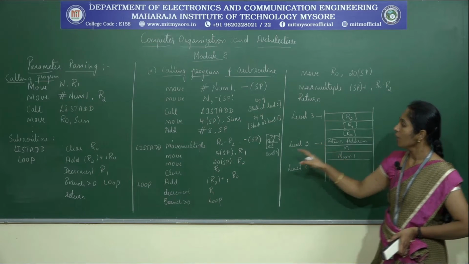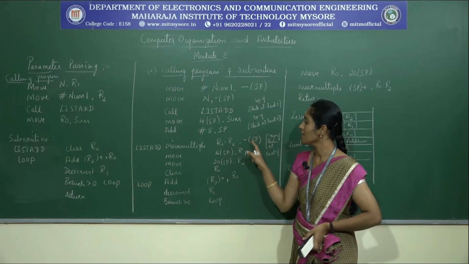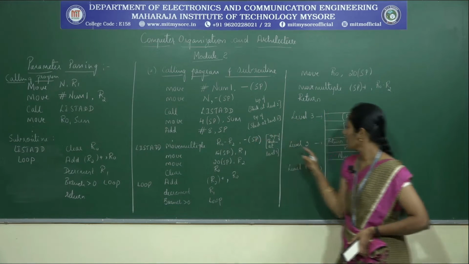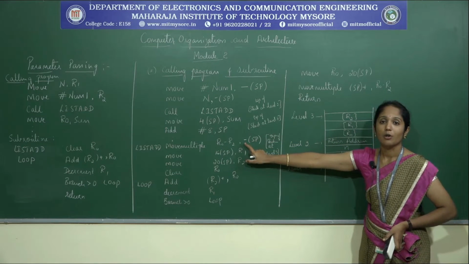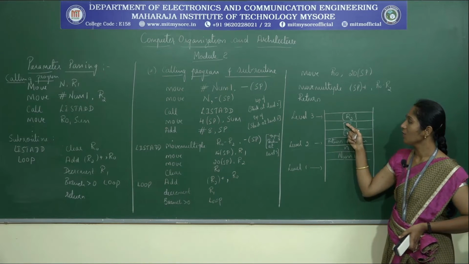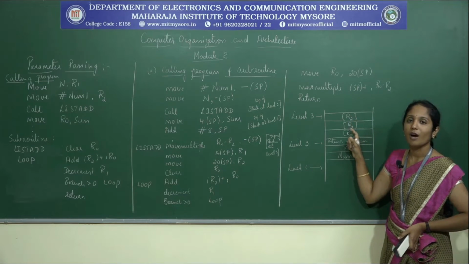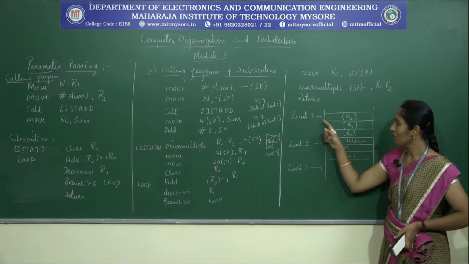Now if you observe, we are moving these multiple register contents into the stack using the auto decrement symbol here. Therefore it will decrement and store the contents of R0, R1, R2 in the respective memory locations.